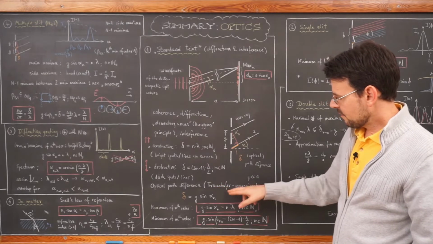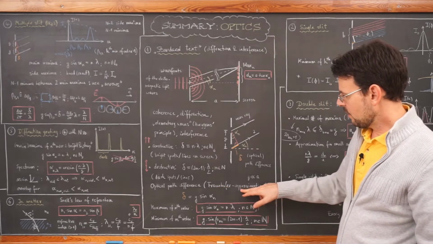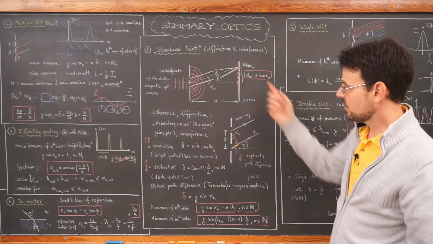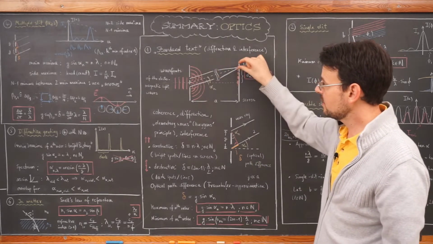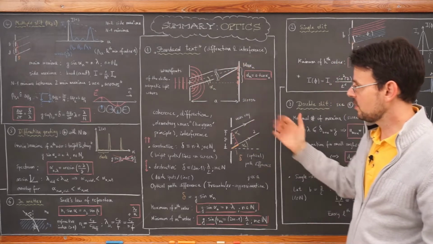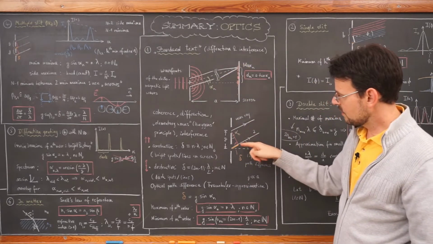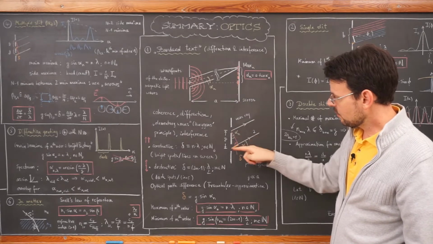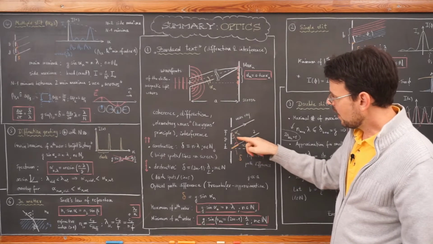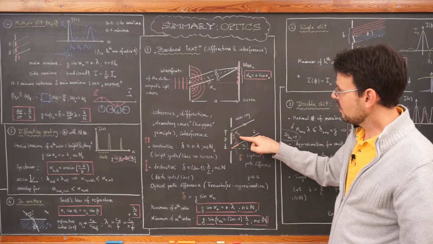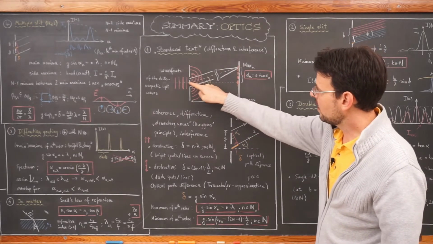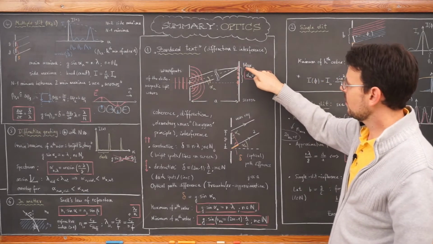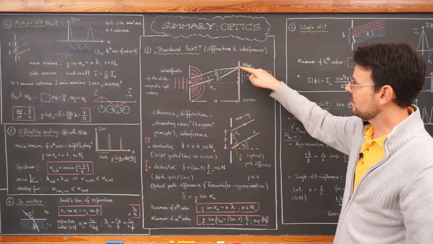And now using this Fraunhofer approximation we get a very simple formula for calculating the path difference. In general you would have to use Pythagorean's theorem and the formulas would be a mess. But here using this approximation it's very easy, because I have a perpendicular triangle here, and alpha sub n is the angle at which I look from the middle towards, for example, the maximum of order n on the screen.